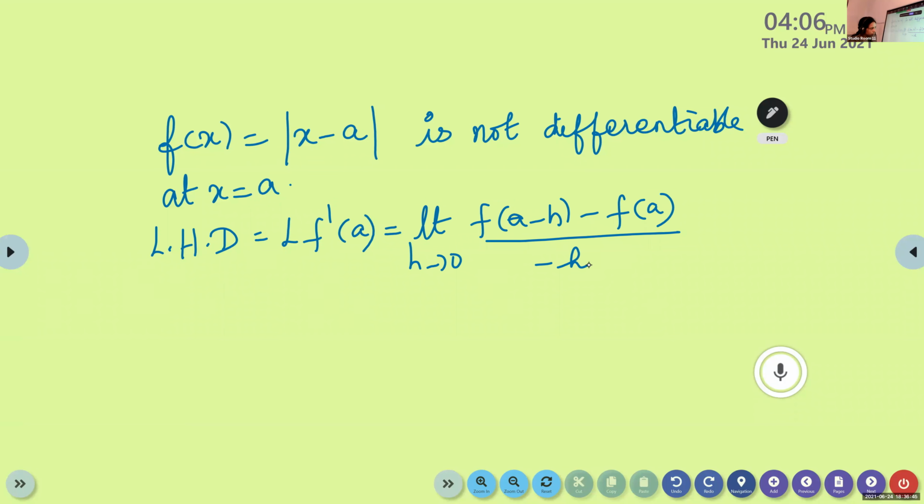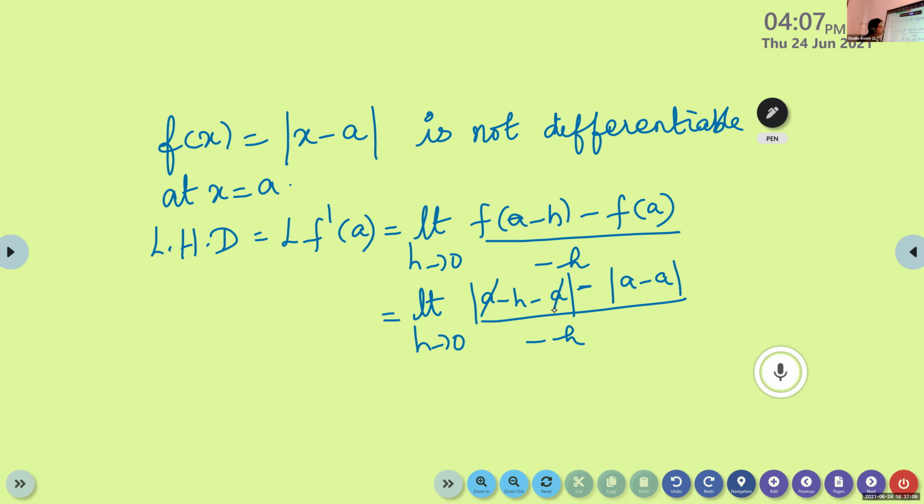What is f of a minus h? Modulus of a minus h minus a, minus f of a. It is modulus of a minus a by minus h.